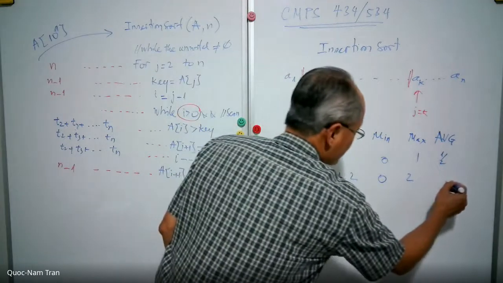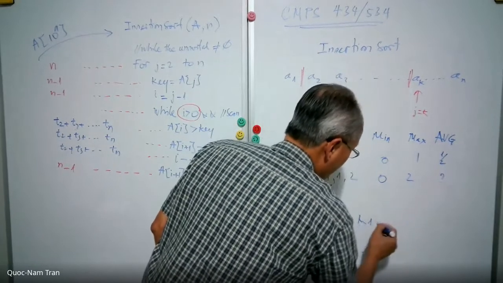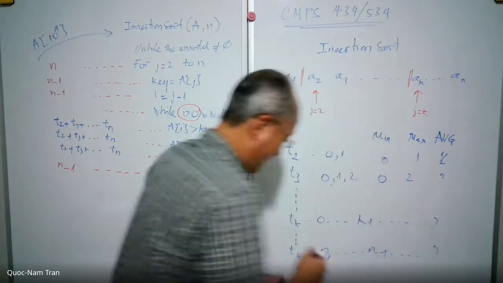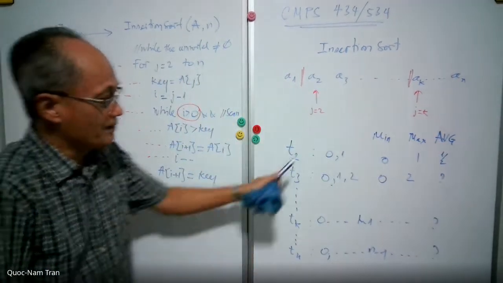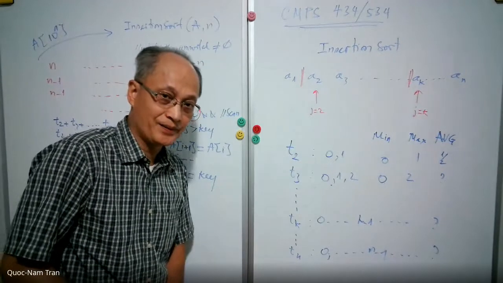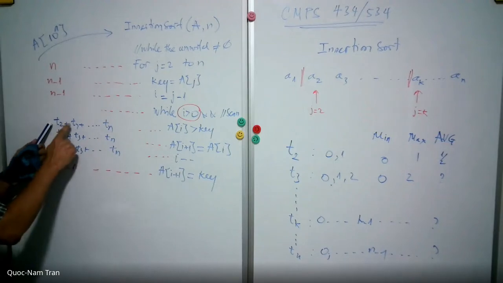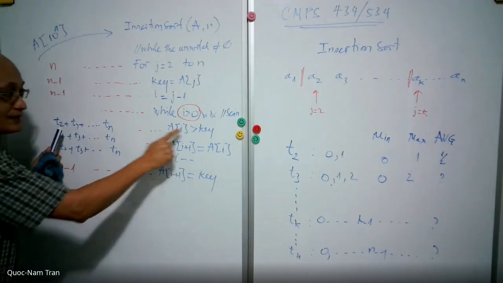So on. Do it by yourself. So you know how we get the minimum and the max value. Okay? So that's it. Here we have T2 plus T3 plus Tn, etc.